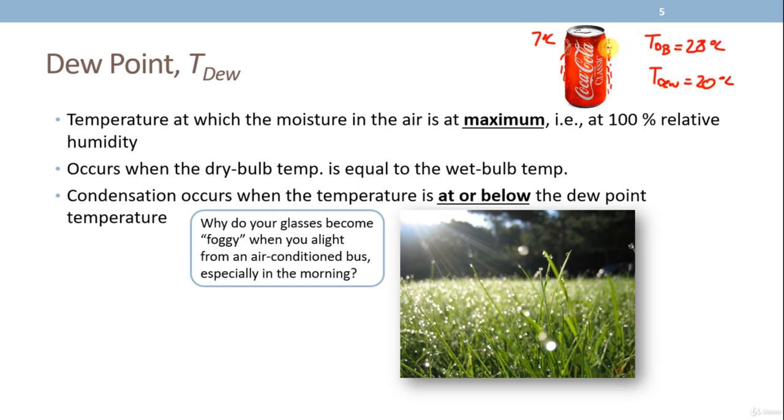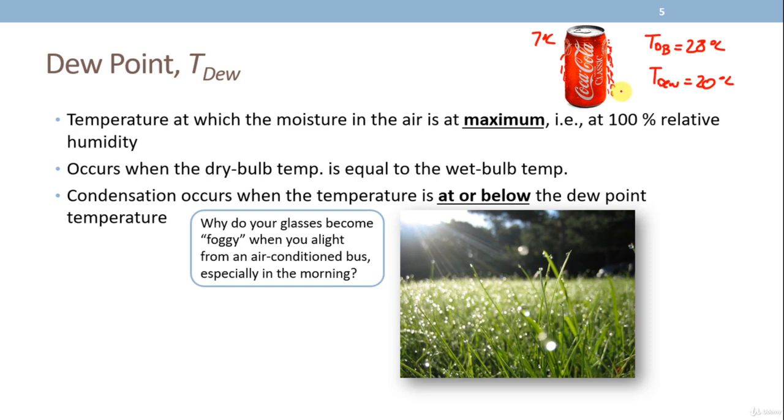If it continues to reduce in temperature, let's say from 20 degrees Celsius down to 19 or 18 degrees Celsius, water will have to come out, because the air is not able to contain the water anymore. It has to come out as condensate, because the ability to hold water will drop whenever the dry bulb temperature reduces. Later when we talk about humidity, we will revisit this point again.